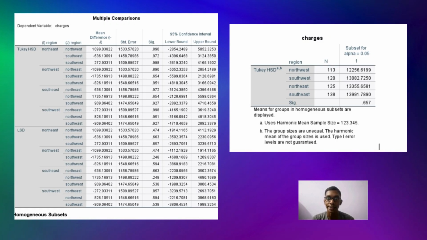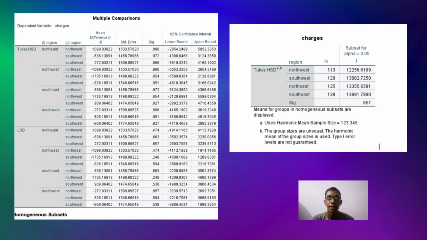In the Tukey HSD section, our significance values range from 0.954 up to 0.998. Even in the more liberal LSD test, the lowest significance value we see is 0.284 for the comparison between the northwest and the southwest. Because every single one of these values is much higher than 0.05, we can conclude that none of these region pairs have a statistically significant difference in charges.